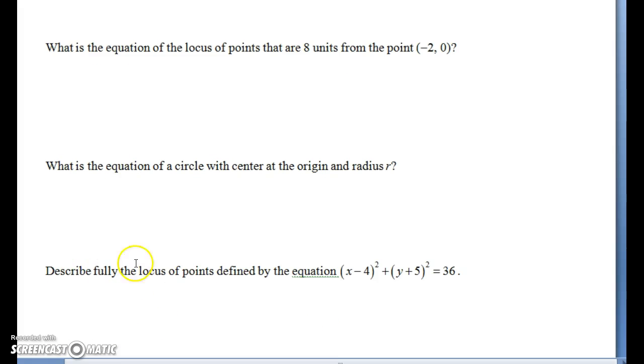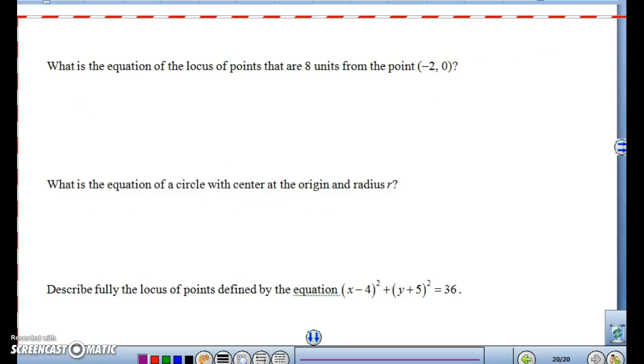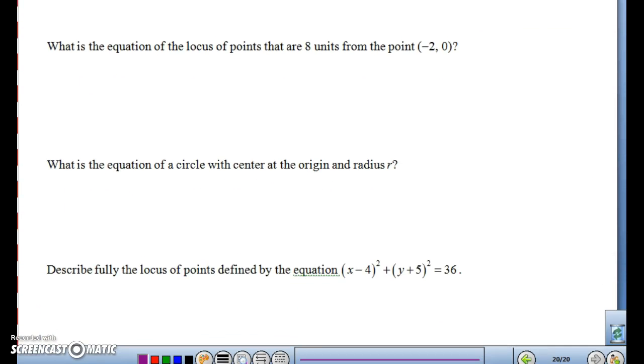So what is this really asking you? Describe fully the locus of points defined by the equation (x minus 4) squared plus (y plus 5) squared equals 36. They are asking you, what is this making? Well, this is the equation of a circle, isn't it? It's (x minus h) quantity squared plus (y minus k) quantity squared is equal to r squared.